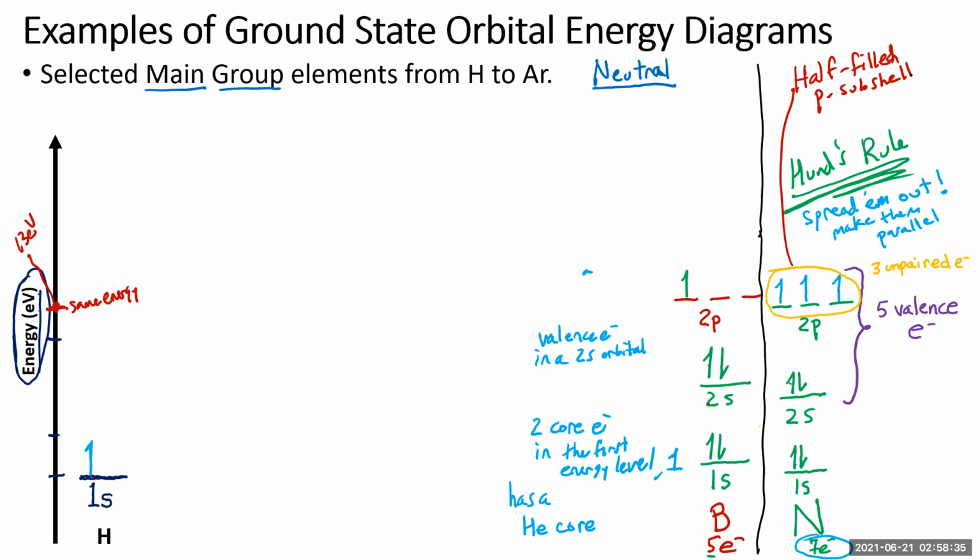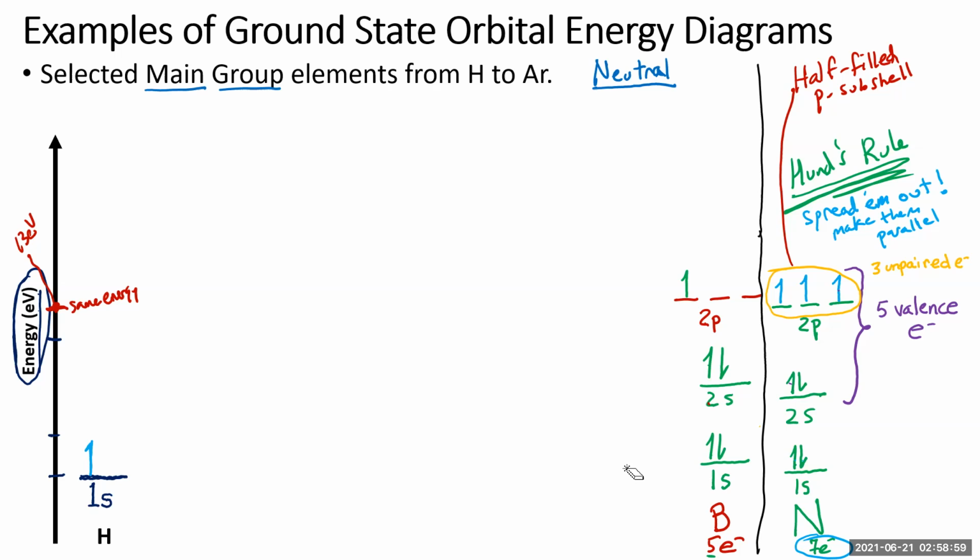Not so much for p, but for d, they're actually fairly stable. There's something special about either a half-filled subshell or a completely filled subshell. Nature seems to prefer that sort of symmetry, that sort of even filling of the orbitals in a set of orbitals. Okay, let's do sulfur now.